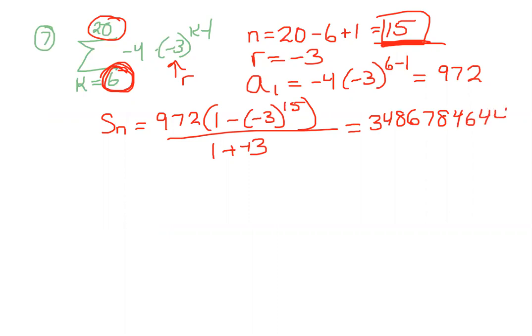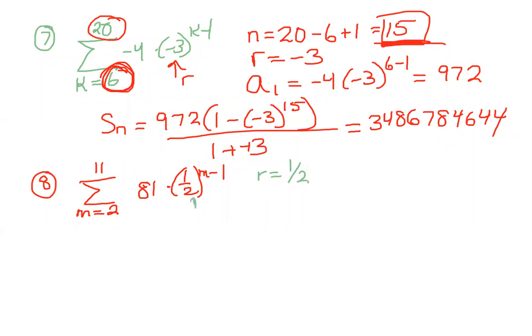And you get that. Okay, number 8, same kind of thing, summation. M equals 2 to 11 of 81 times 1/2 to the m minus 1. So r is 1/2, that's easy, that's right there.